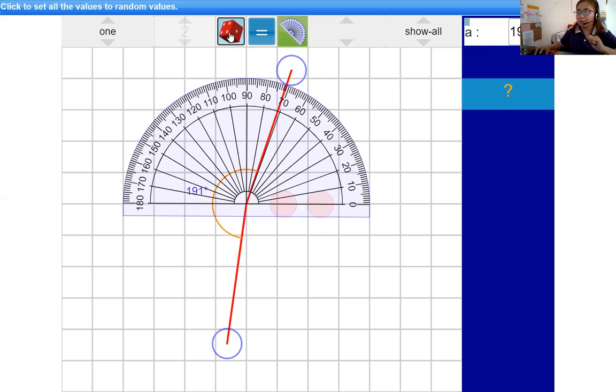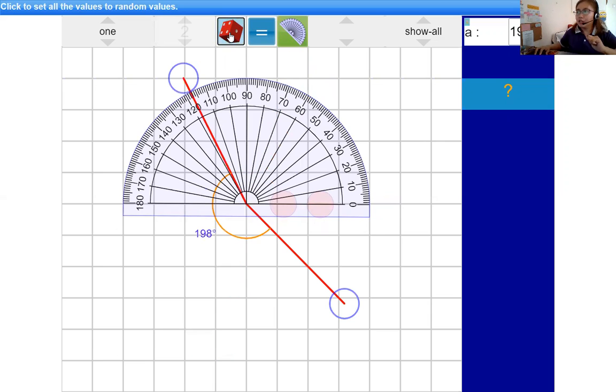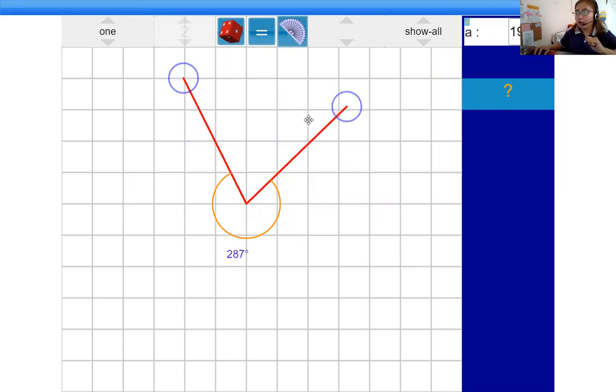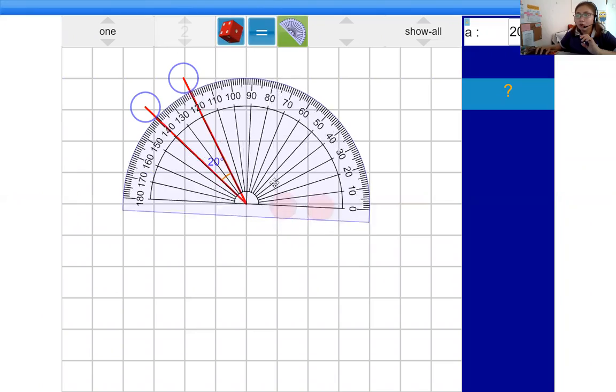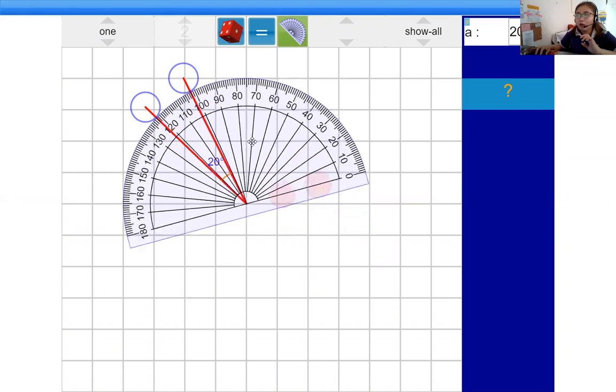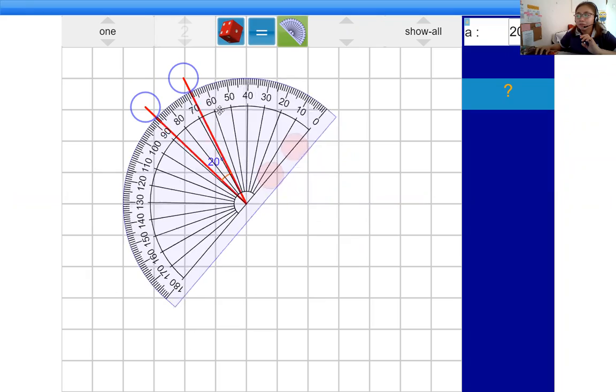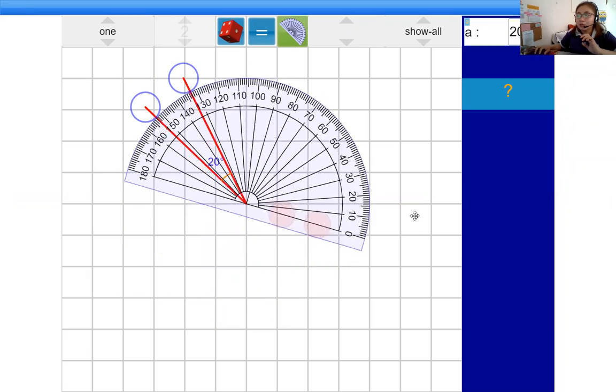Let's try another one. This is a big angle for our protractor, so let's try a smaller version like this one. Miss, how do we measure it if the angle looks like that? Again, all you need to do is rotate your protractor in such a way that one of the rays points at 0 degrees.